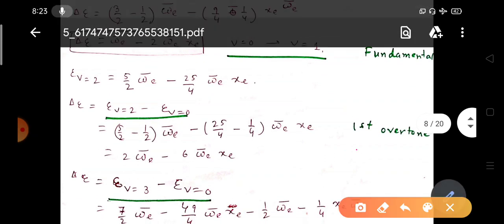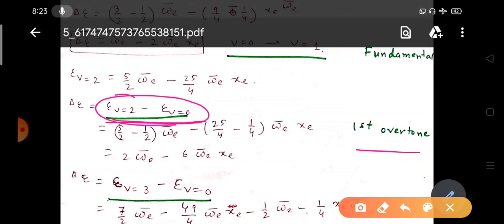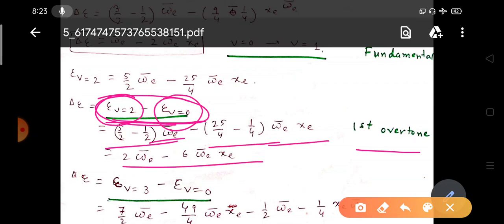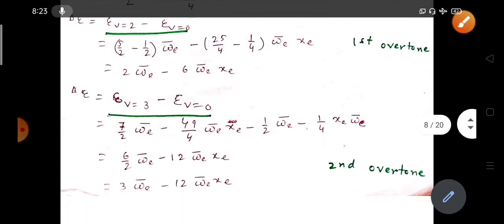Similarly, we get the first overtone band by calculating the difference between the energy at V equals 2 and the energy of the vibrational level at V equals 0. So it will give 5 by 2 minus half omega e, minus 25 by 4 minus 1 by 4 omega e xe, that is 2 omega e minus 6 omega e xe.